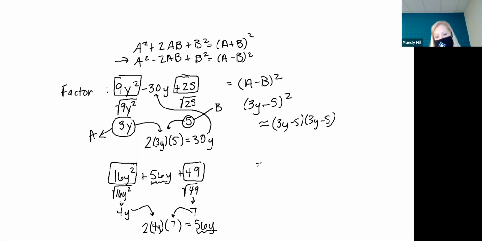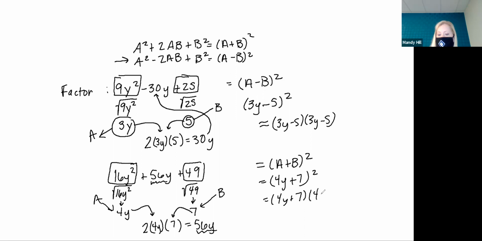So I know that the answer is a plus b squared. Well, a is going to be this, b is going to be this, so 4y plus 7 squared, which is the same thing as 4y plus 7 times 4y plus 7.